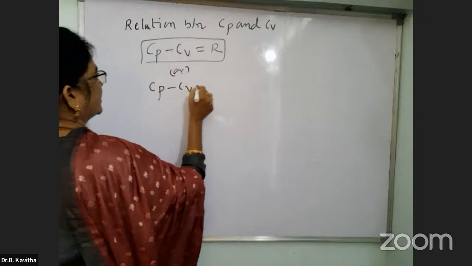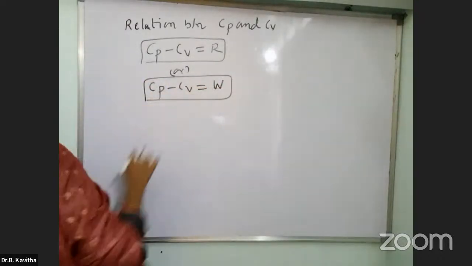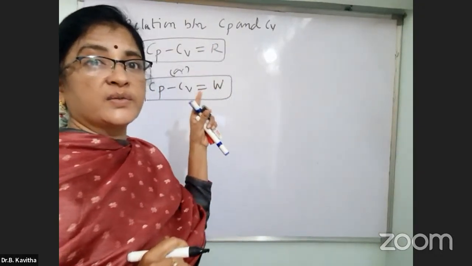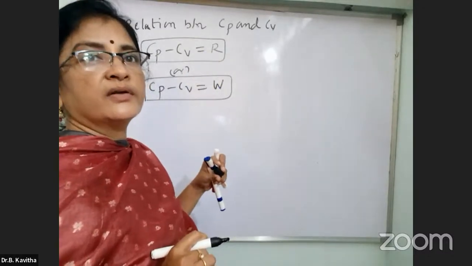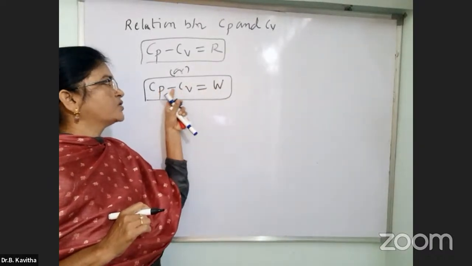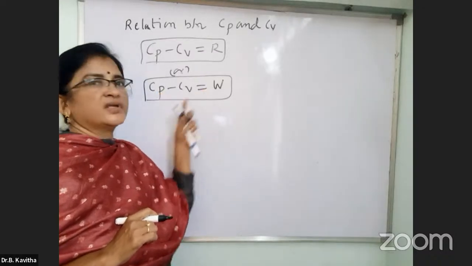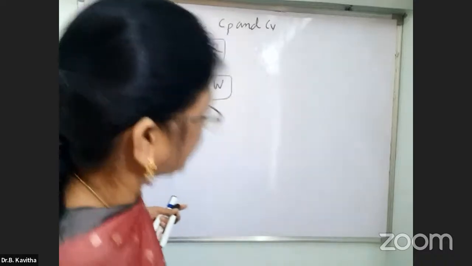If anybody needs it for entrance purpose, you can use this equation. In place of W only, you get the R value. P delta V comes, P delta V means W. In place of W we substitute R. So if W and CV values are given, you can calculate the third value. CP minus CV is equal to W. Okay, so this is about heat capacity.